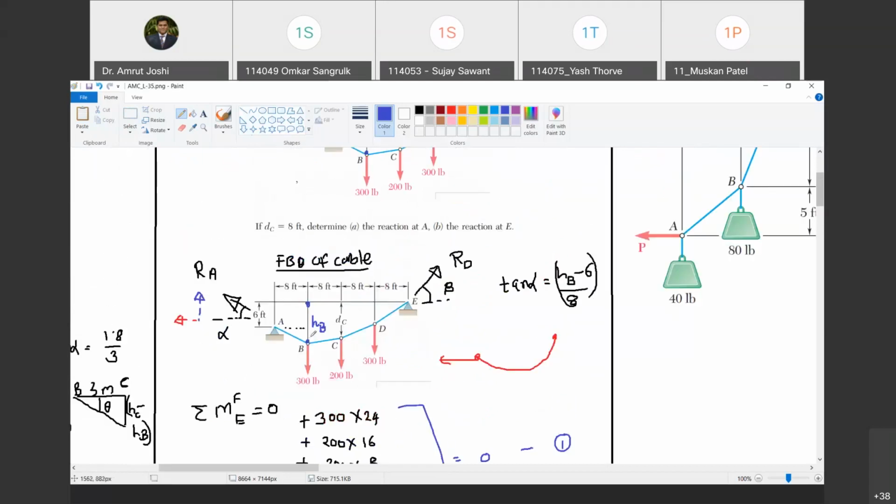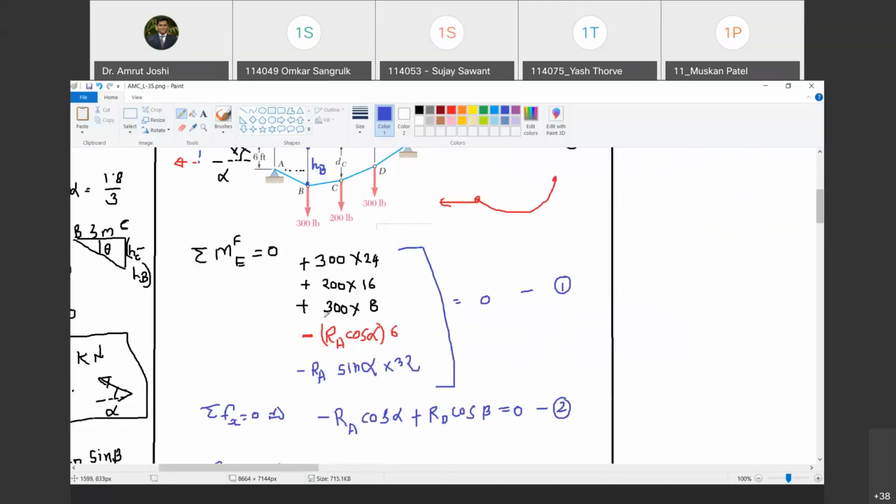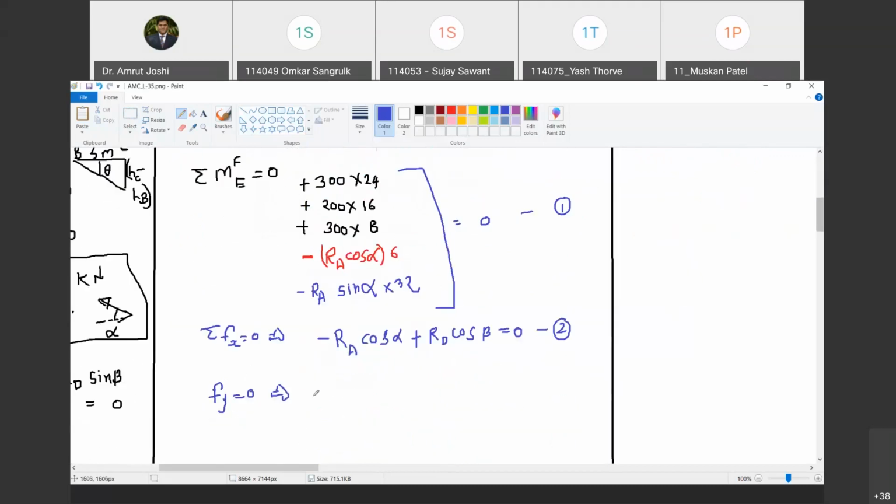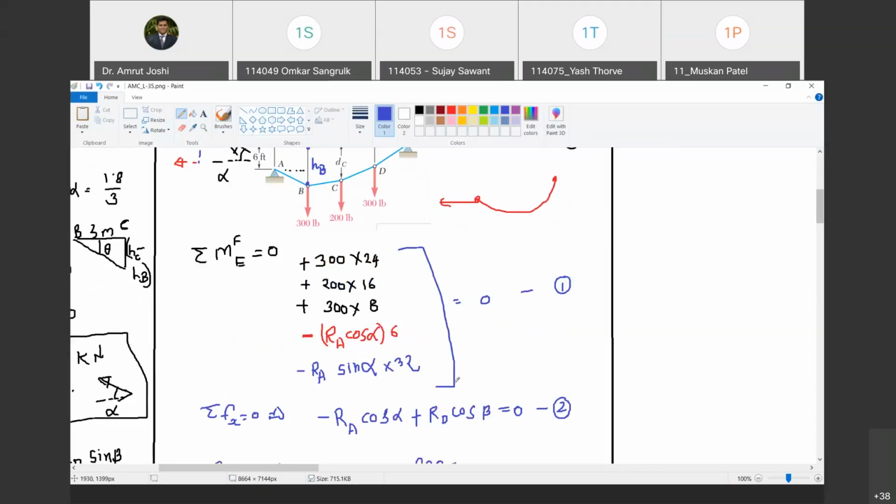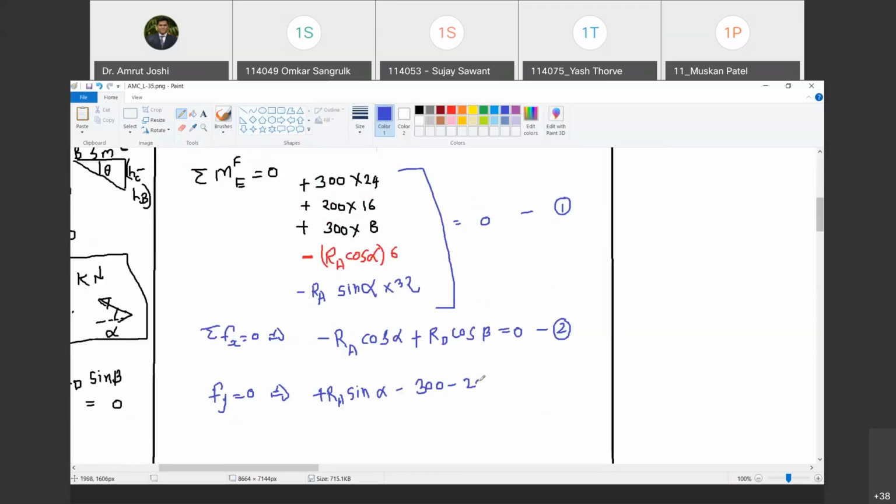Plus RA sine alpha, minus 300, minus 200, minus 300, plus RD sine beta is equal to 0.